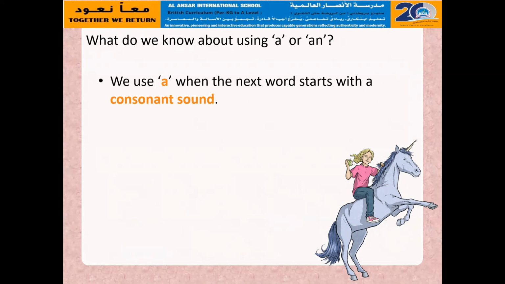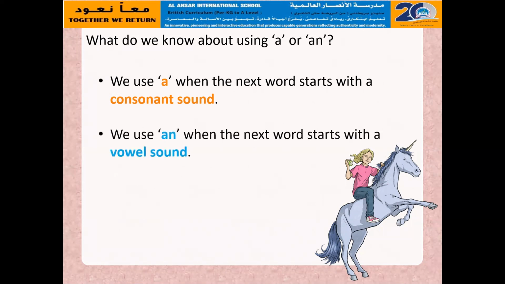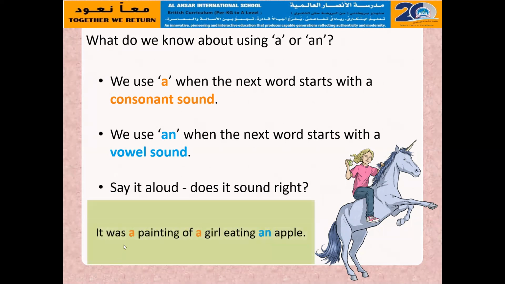The first rule is we use a when the next word starts with a consonant sound. The second rule is we use an when the next word starts with a vowel sound. Now let's look at this example. It was a painting of a girl eating an apple.